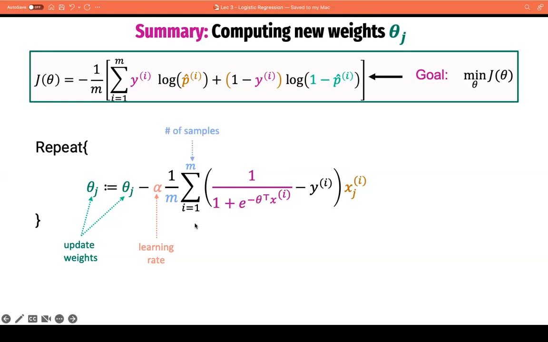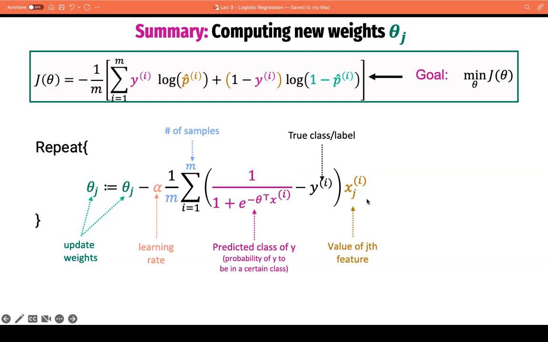M is the number of samples. And this is the P, or the probability of Y to be in a certain class, so this is the predicted class of Y. And this is the true class or label, which has a value of either 0 or 1.